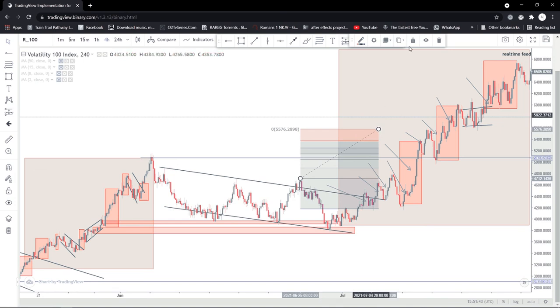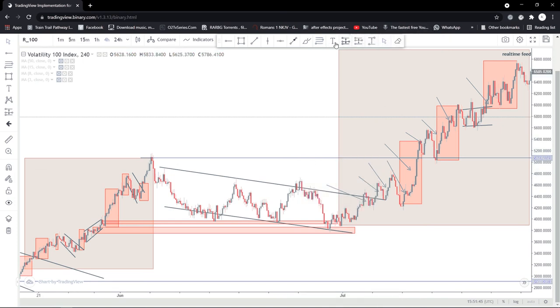What did it do, guys? Look, it still gave you. You need to focus, guys. Focus. So here we were given supply, demand, and order blocks as well. And using your Fibs, you sometimes do not need the supply and demand.